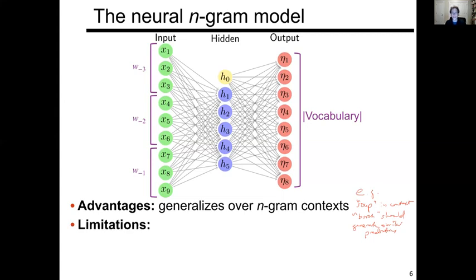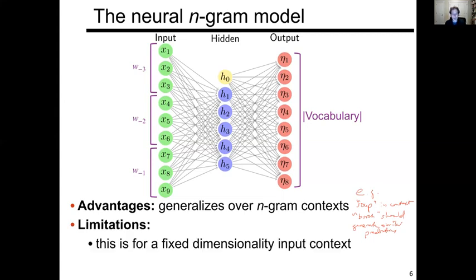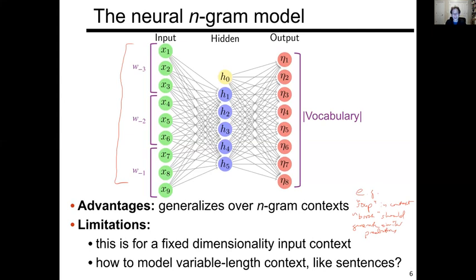But there are also some limitations of the neural n-gram model. First of all, this is for a fixed dimensionality input context. So we have to pre-specify that there are only 3 words that are being attended to in the preceding context. The question then arises, how do we model variable length contexts? Sentences can be of arbitrary length, and we can't specify the dimensionality of the input for the preceding context all on its own.